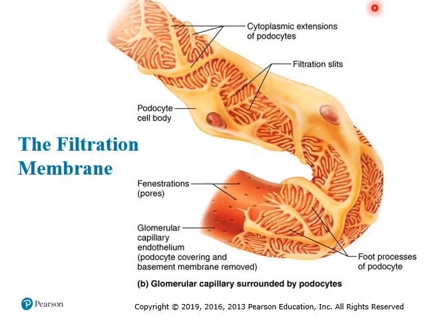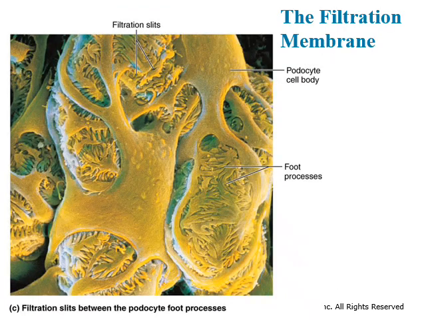This would repel macromolecules such as protein. And this is by electron microscopy. This is a closer look at the membrane under the electron microscope, and it shows the foot processes of the podocytes with filtration slits. And the slit repels big molecules.